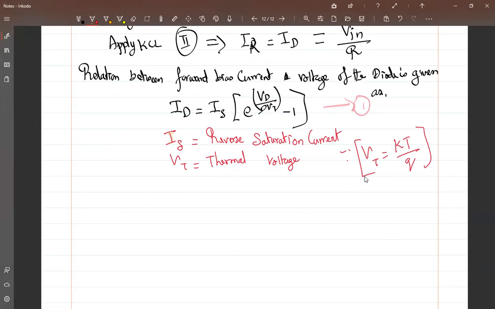Here K is the Boltzmann constant, T is the temperature of the diode, and Q is the charge of the electron.